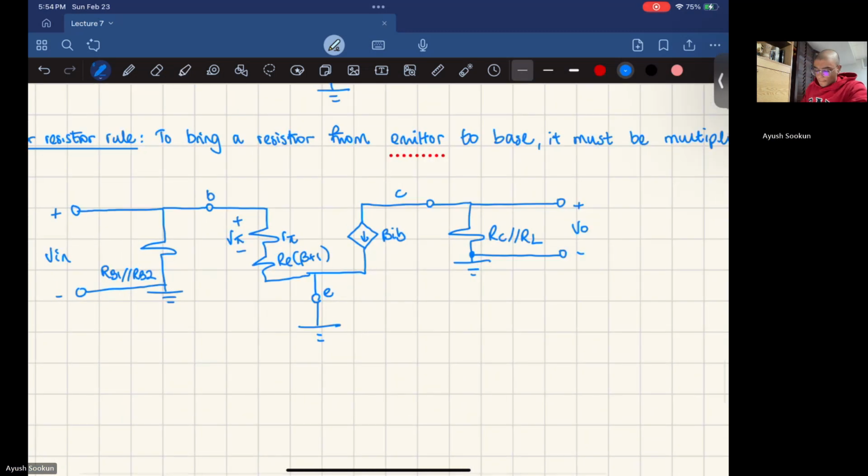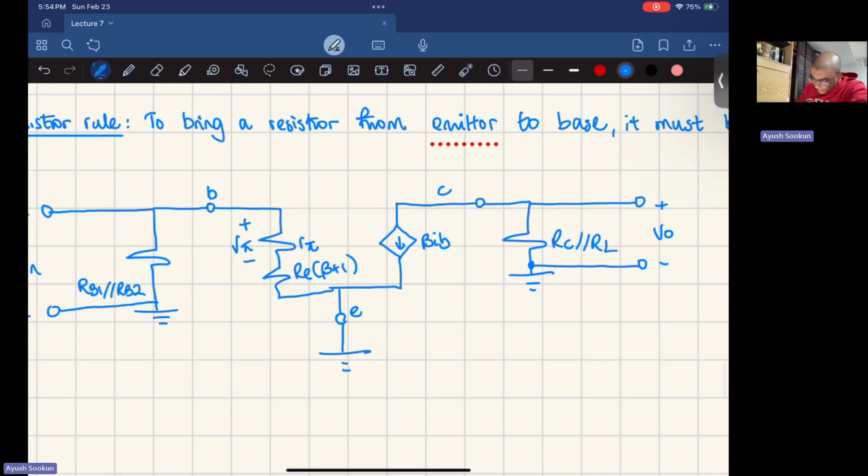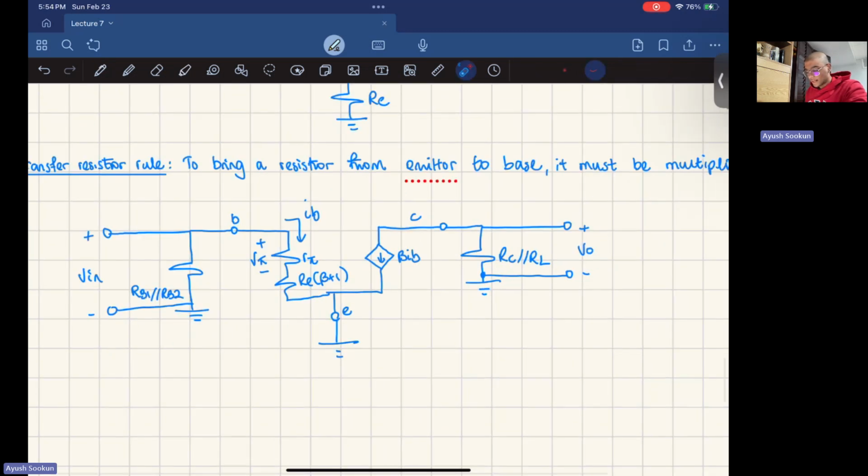Okay, so now I want to find my voltage gain. So how would I do this? First, I know that this current right here is IB, and then I have another current called beta IB right here. So I already see that I can write equations in terms of IB. And I know that this voltage right here is Vn.